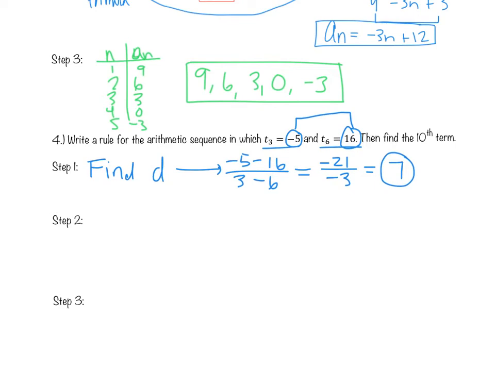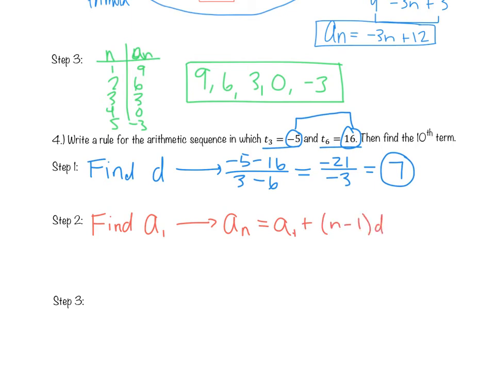So now that we have d, we are essentially going to do what we just did in the previous problem and use d in one of my terms to find a sub 1. So the next step is going to be to find a sub 1. And to do that, we're going to do exactly what we just did in the previous problem. Remember, a sub n equals a sub 1 plus n minus 1 times d.